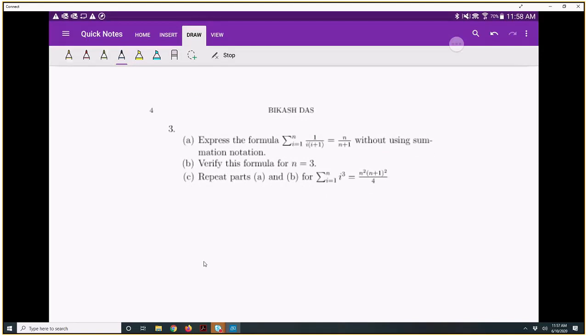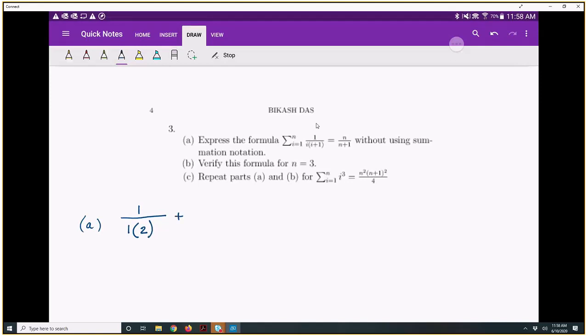The next example asks us to express the formula without using summation notation. So the formula says we're taking the sum, I going from the initial index of 1 to the terminal index of n, of 1 over I times I plus 1. If I start with 1, this should be 1 over, I'm going to put 1 for I and 1 plus 1, which is 2.